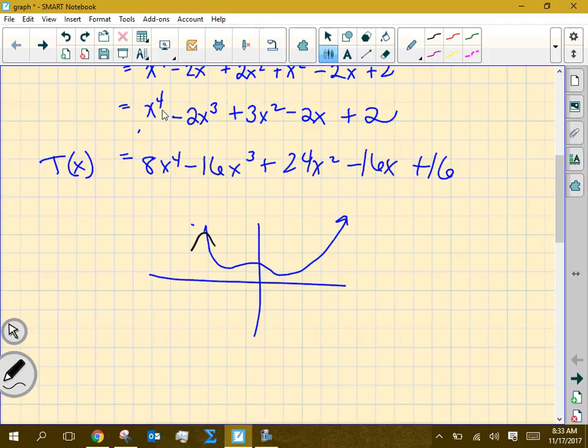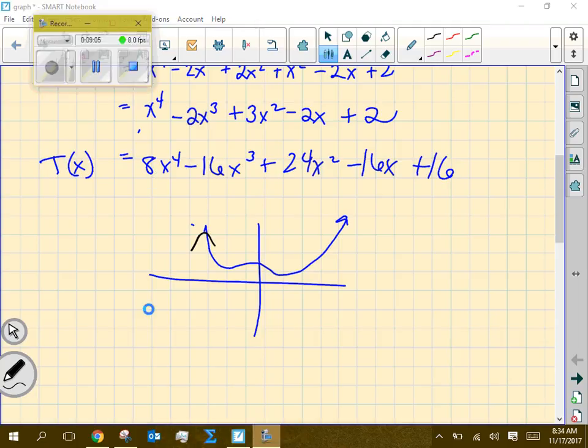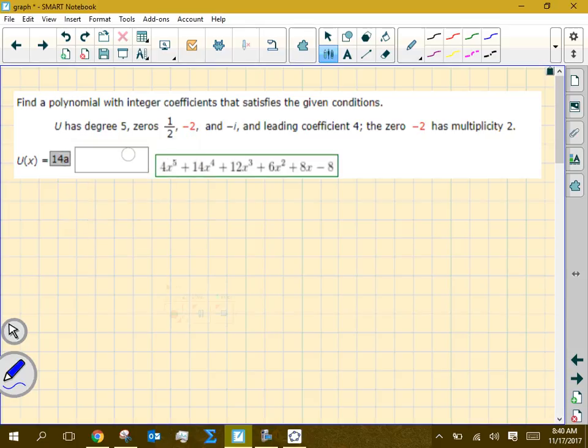I've been kind of toying with the idea of showing this to you, but let's show it to you. Let me write this down real quick. We're looking at u of x equal to, that's a 0, so x minus a half is a factor.